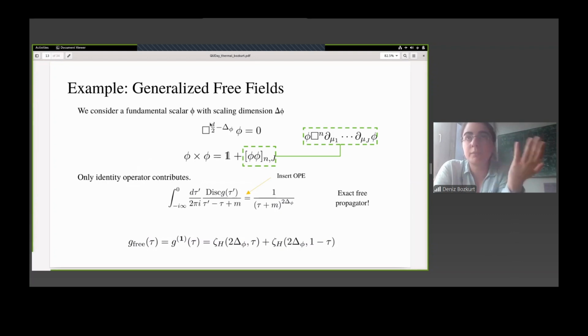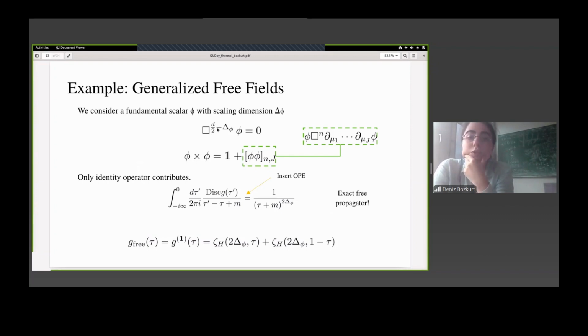D is the dimension of the space-time, and delta phi is the scaling dimension of this field. So in this case, we know the spectrum very well. The OPE of these two scalar fields can only have the identity contribution and then all the double twists, depending on the scaling dimension and the dimension.